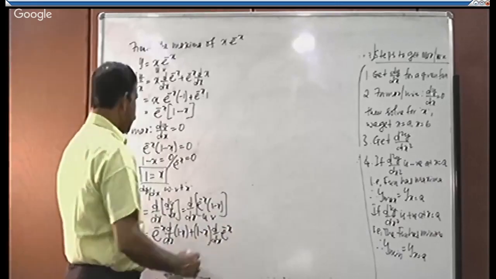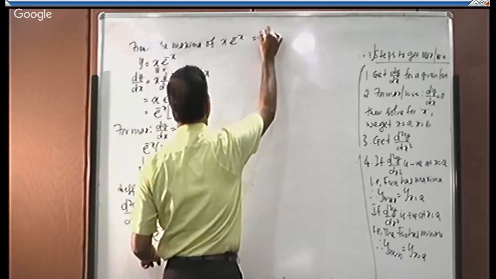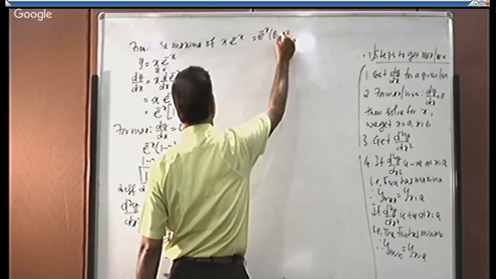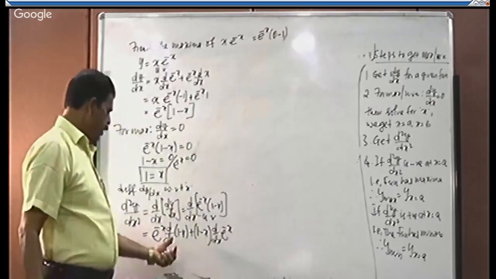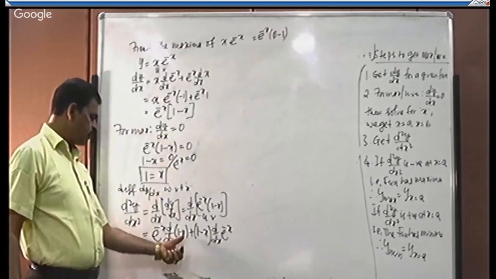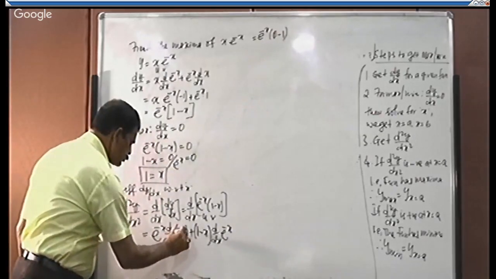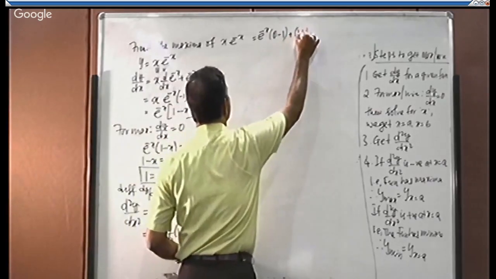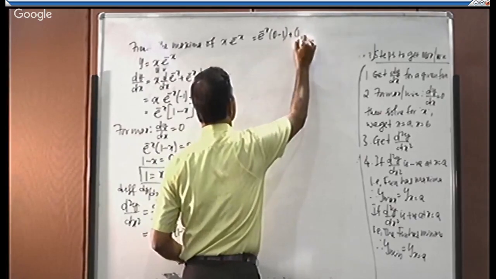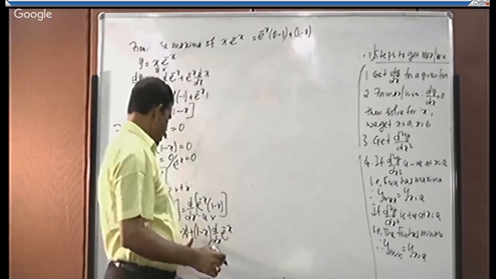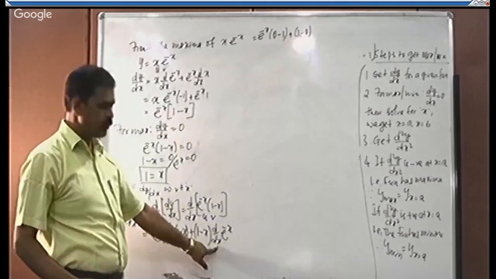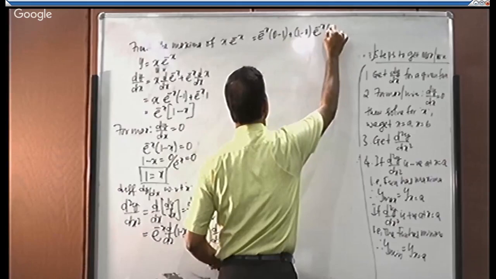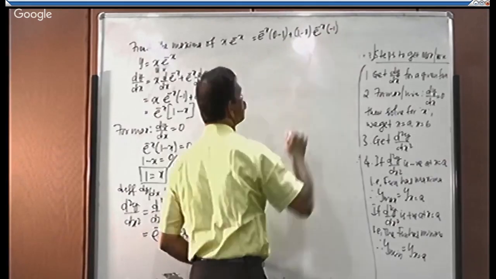E power minus x will be retained as it is. Differentiation of the bracket: differentiation of 1 is 0, minus differentiation of x, which is 1. Keep 1 minus x as it is. Then differentiate e power minus x, that is e power minus x into d by dx of minus x, that is minus 1.